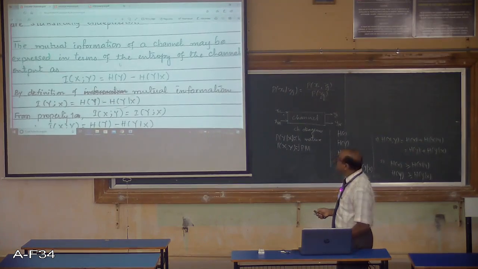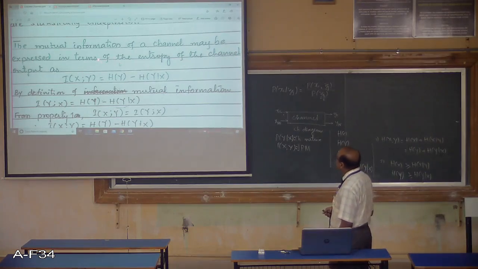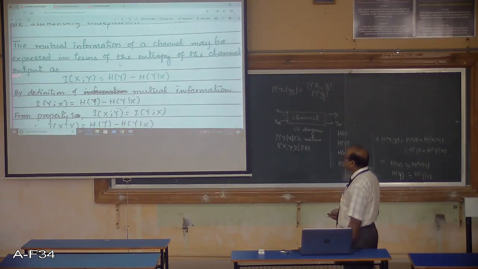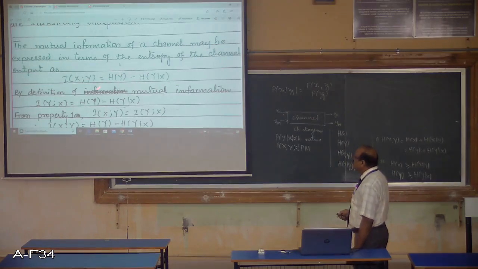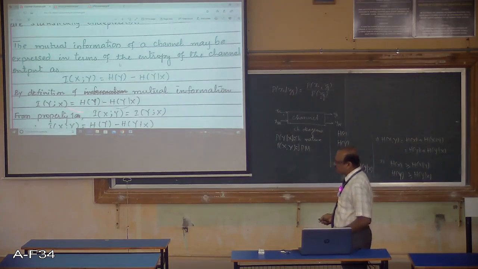The third property is that mutual information of a channel may be expressed as the entropy of the channel output. Since mutual information is symmetric, we can always write the relation in terms of I of XY.